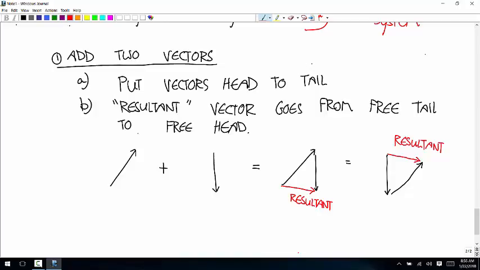If you measure the resultant, you get the same thing, so in that sense, it's experimentally verified. But notice that order doesn't matter.